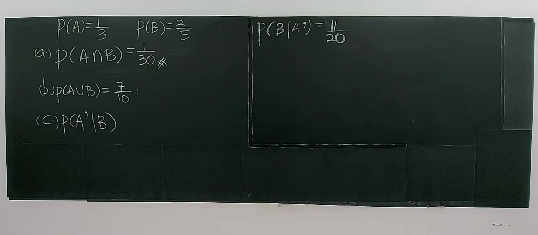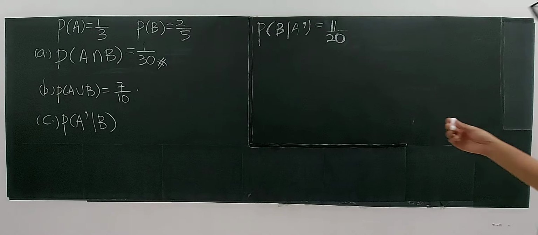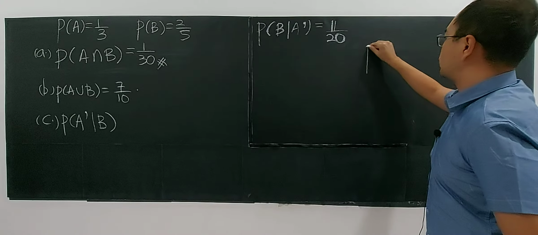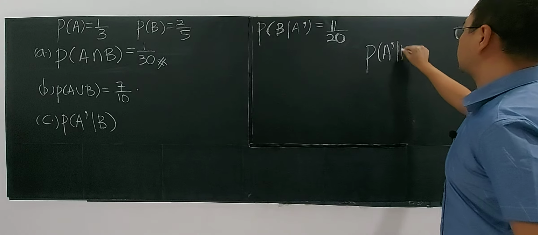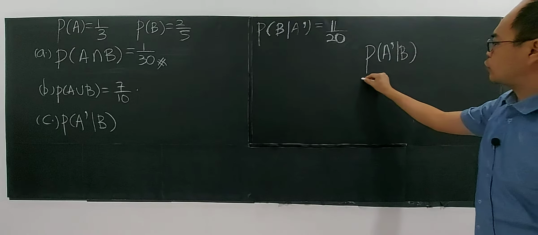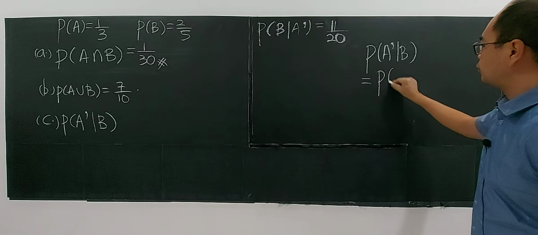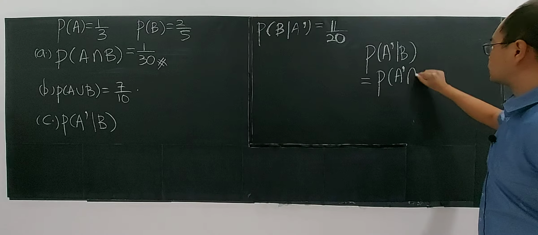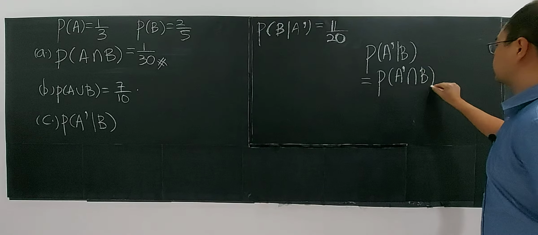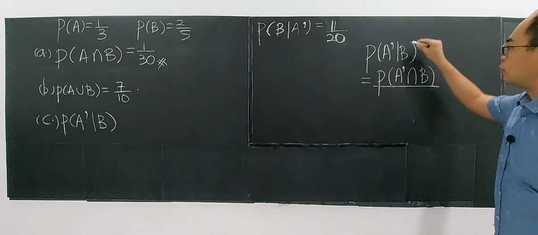Let's continue finding this. Definitely you need to know the formula of conditional probability. So I go slowly. A prime given B. The formula applied here will be the probability of the complement of A intersect with event B, divided by the probability of B, which is given.